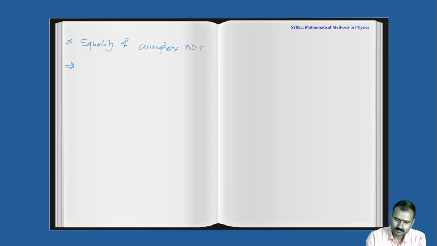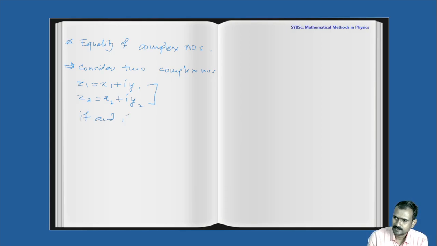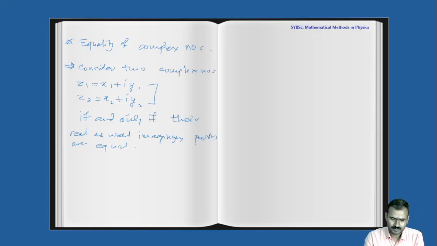These two complex numbers are said to be equal if and only if their real parts as well as their imaginary parts are equal.